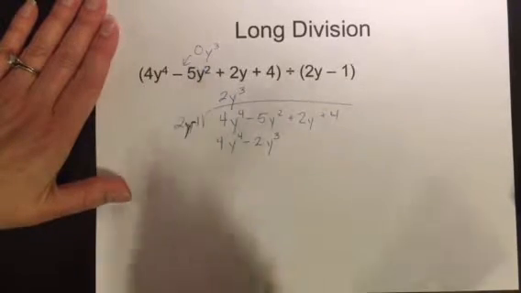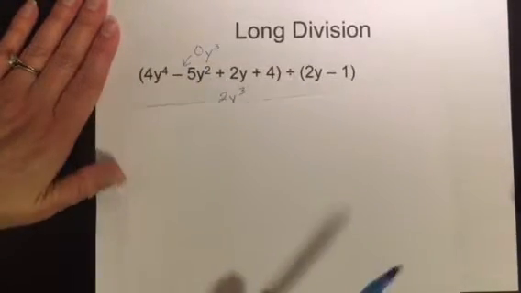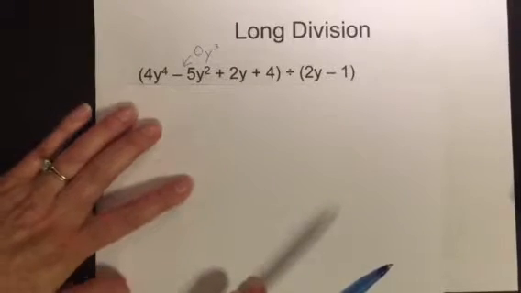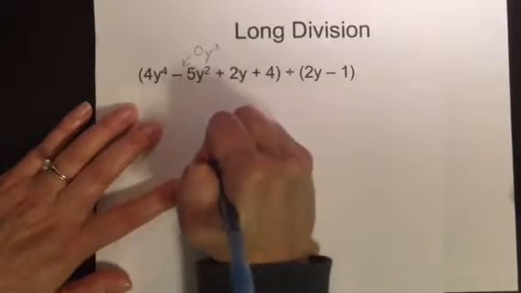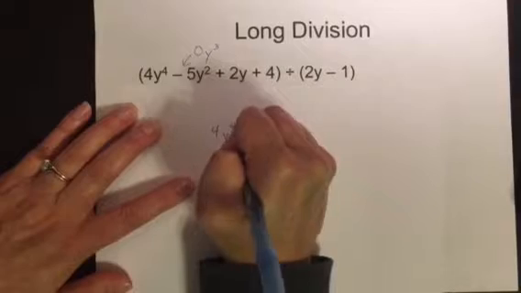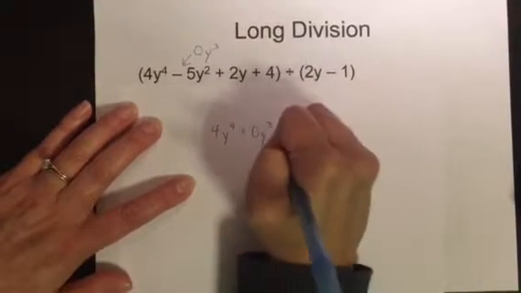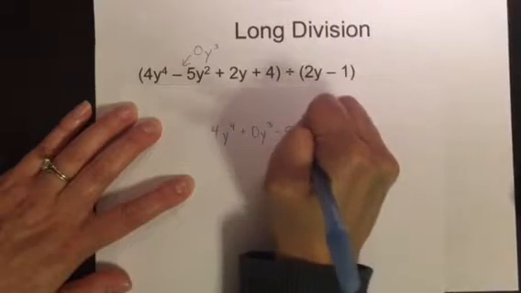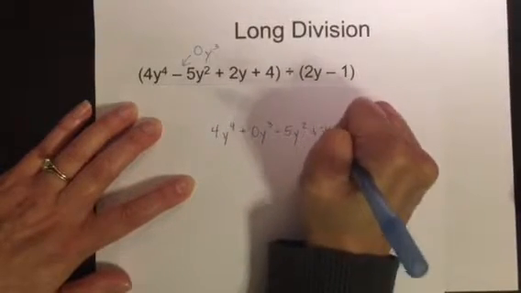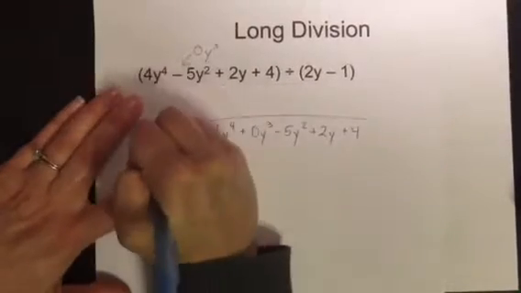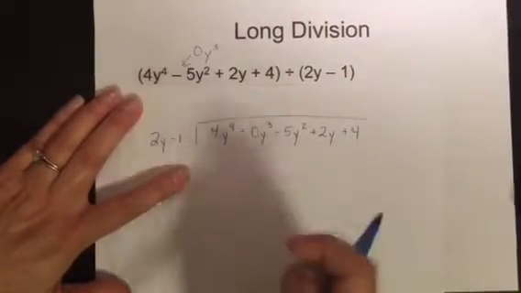So we need to add in our y to the 3rd term. So let's try this again. So 4y to the 4th plus 0 y to the 3rd minus 5y squared plus 2y plus 4 divided by 2y minus 1.